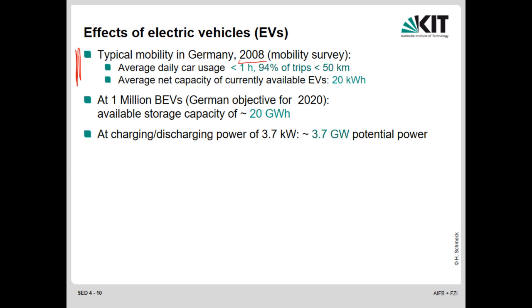It means that more than 23 hours this car is parked somewhere, either at home, in a garage, or somewhere in a larger parking garage, or on a parking lot of the company where the owner is working, or at a supermarket store, or at a stadium, wherever you have to leave it. But usually we don't drive that much, and like 94% of the trips are less than 50 kilometers.